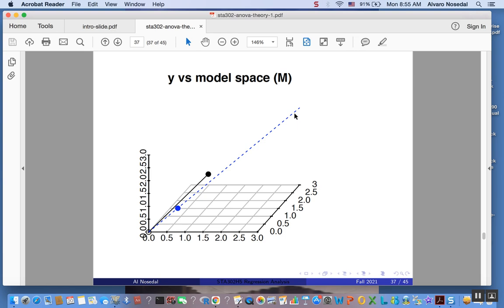So y bar, our estimate of beta 0 is going to be 1.3. Okay, so this guy here is the vector 1.3, comma 1.3, comma 1.3, which is the same as y bar times the vector 1, comma 1, comma 1.